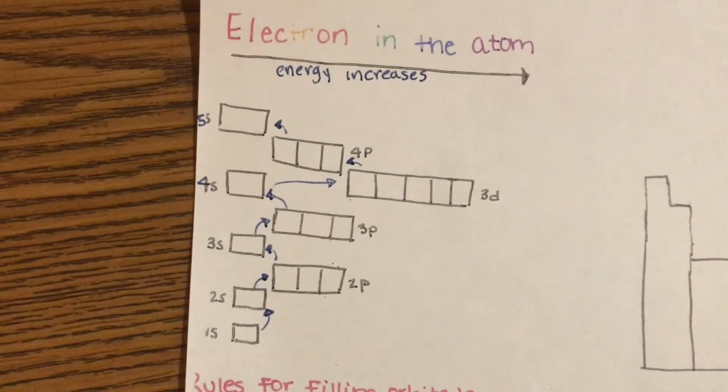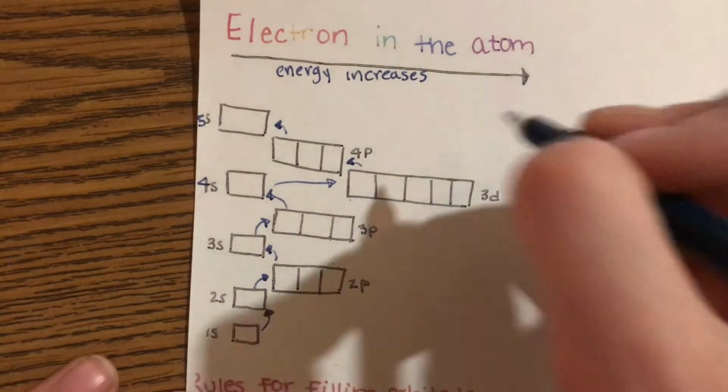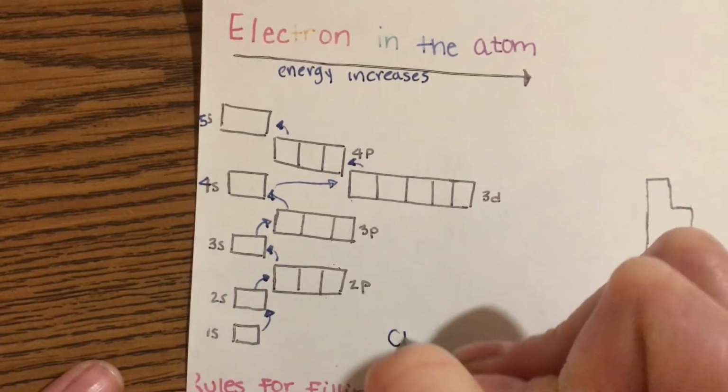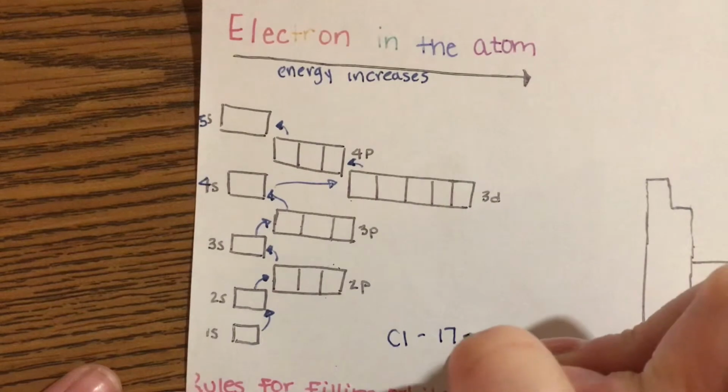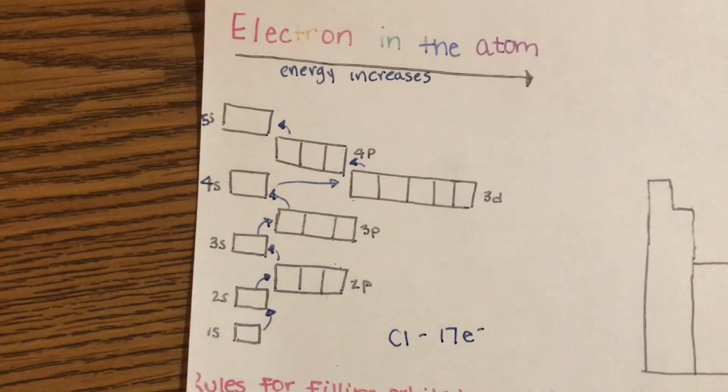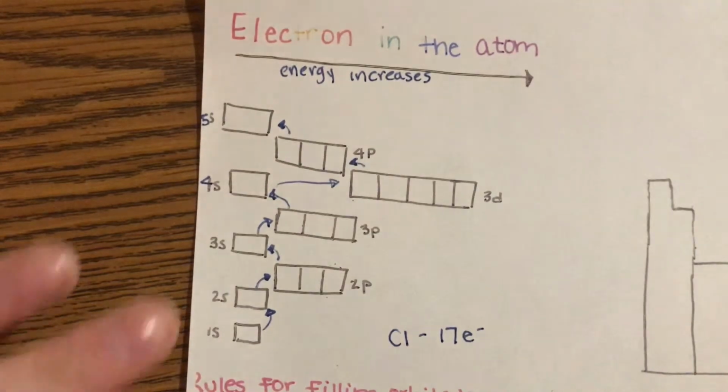So once we figured out that that's how they filled, we then wrote the configuration code. So let's say I was doing this for chlorine. So chlorine has 17 electrons. So I would start at 1s.